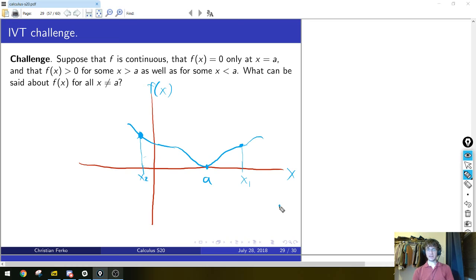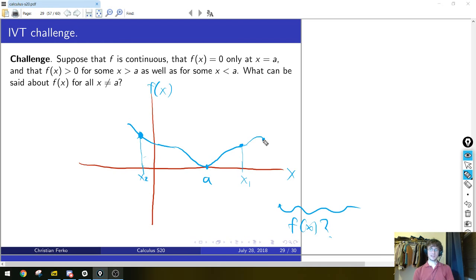Can f ever be negative in particular? No, it can never be negative, because that would involve it passing through 0.